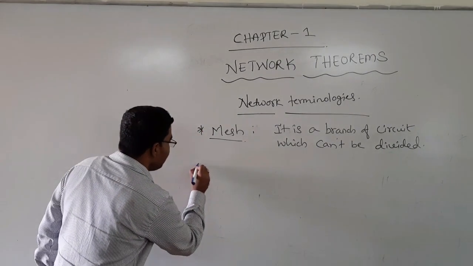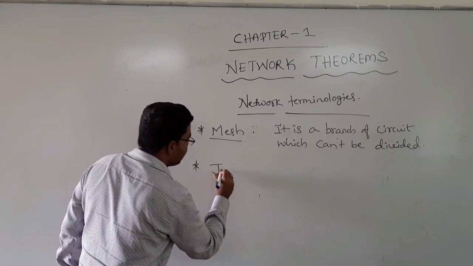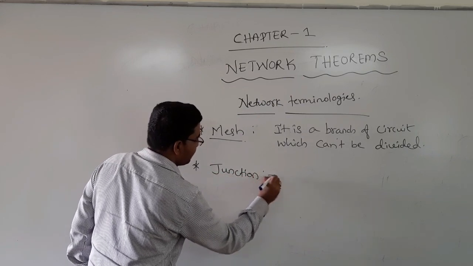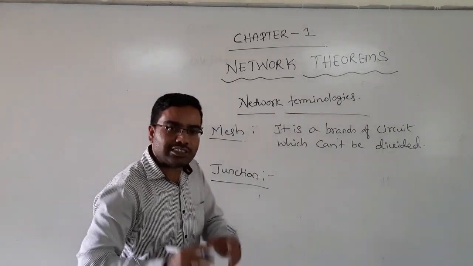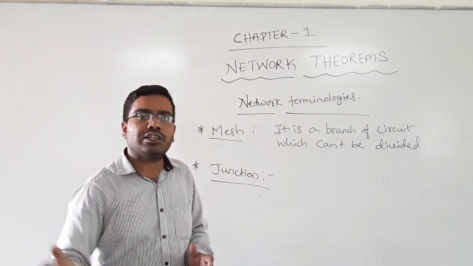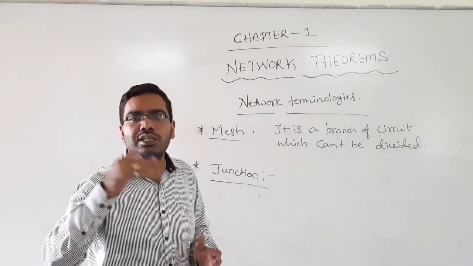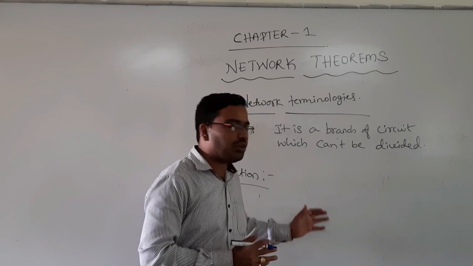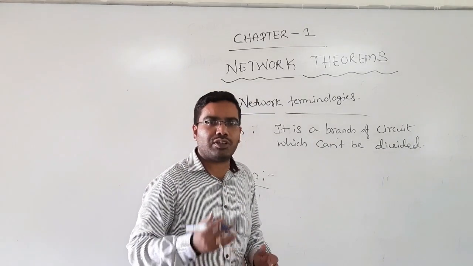Okay, so then junction. A junction is a point where three or more active or passive elements will meet.